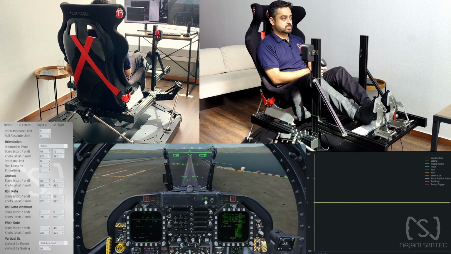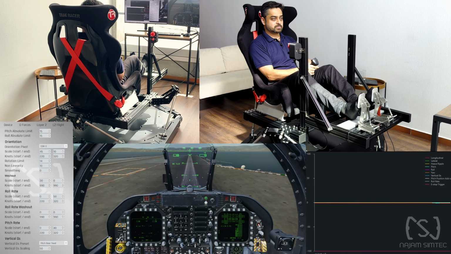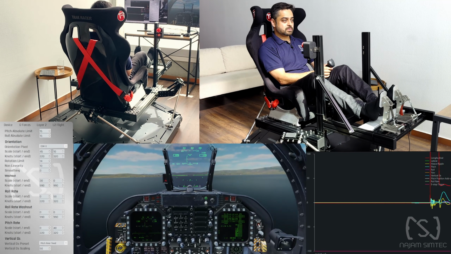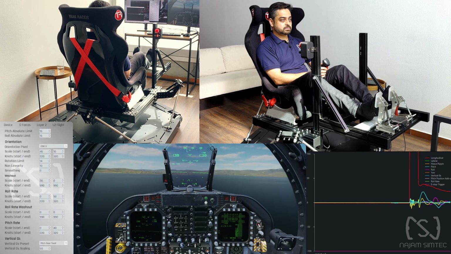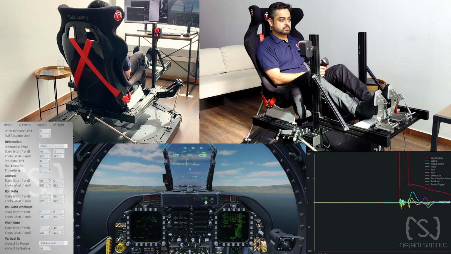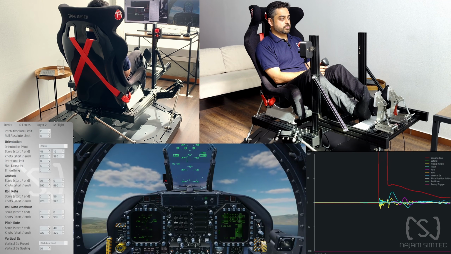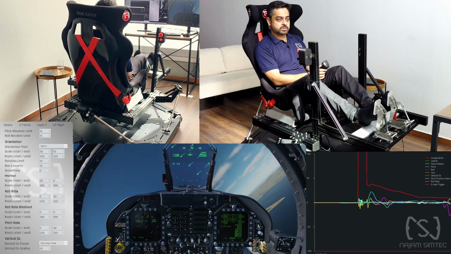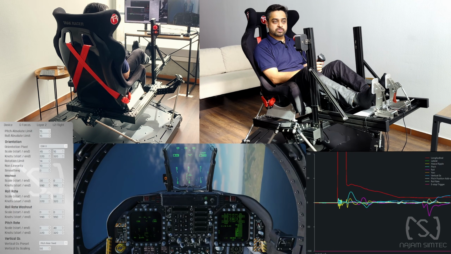So, throttle back. Right, so now we're approaching 300 knots, and all of those other effects are sort of blended out, and all of those orientation effects are gone as well.